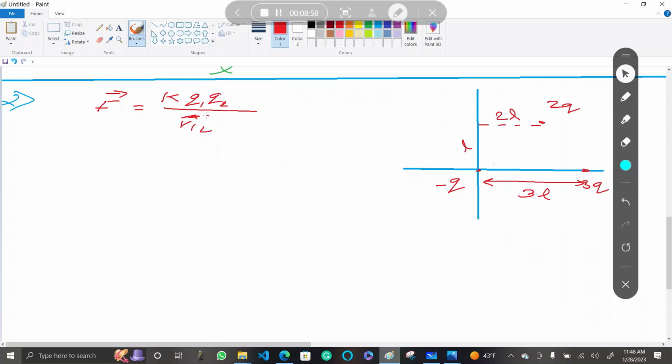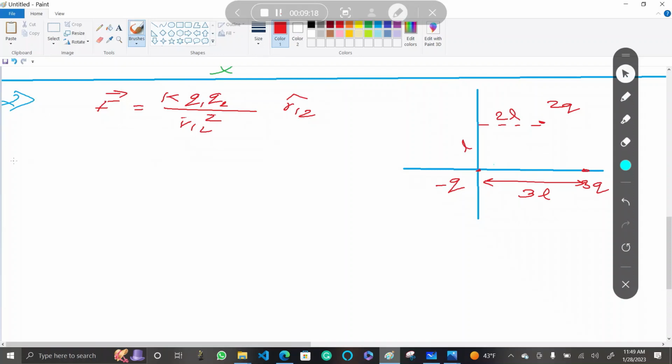Sorry, this is not the vector, let me make it clear. It is just the magnitude. All right, and the direction is always from the source charge to the destination charge.